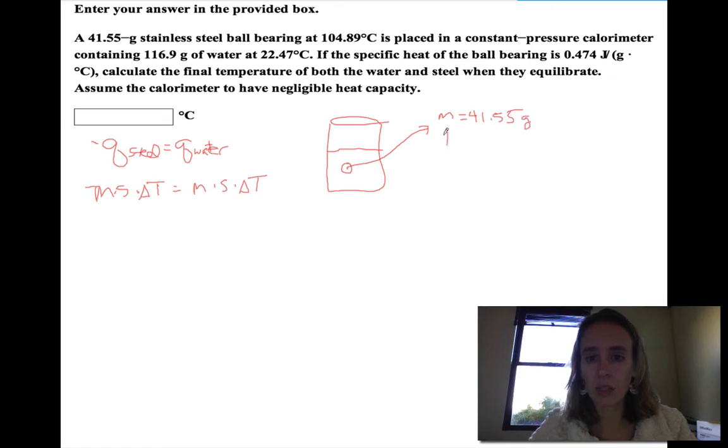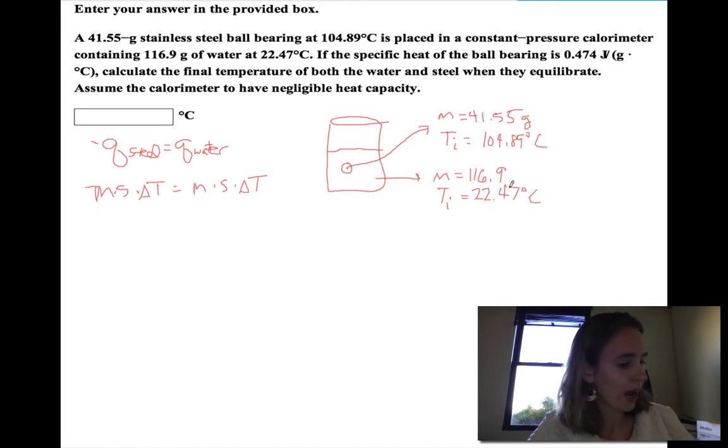The initial temperature, Ti, is 104.89 degrees Celsius. Then the water itself has a mass of 116.9 grams, and the initial temperature of the water is room temperature, 22.47 degrees Celsius.